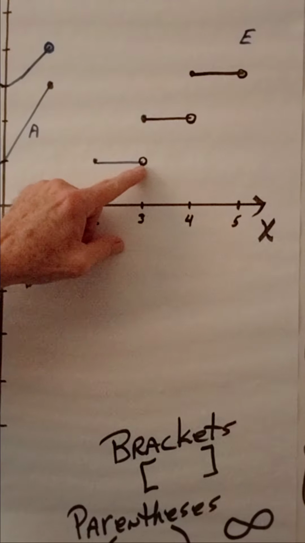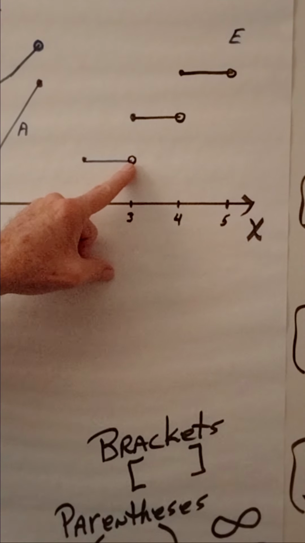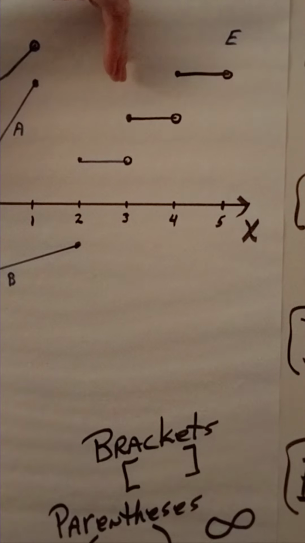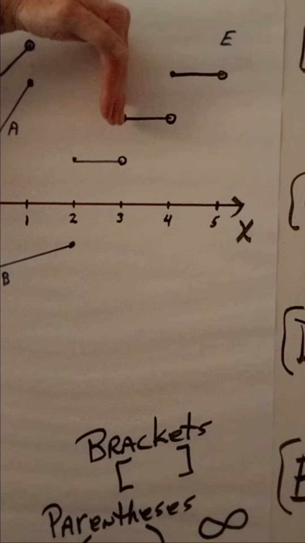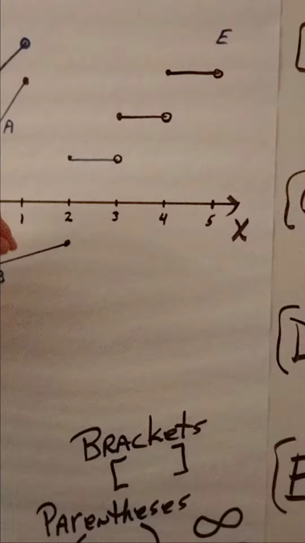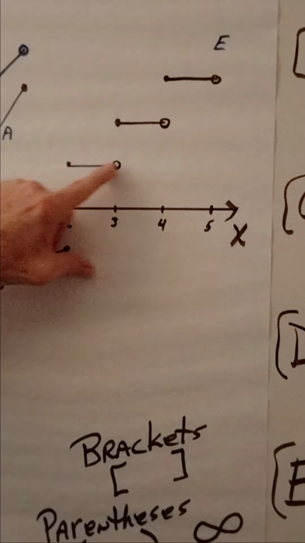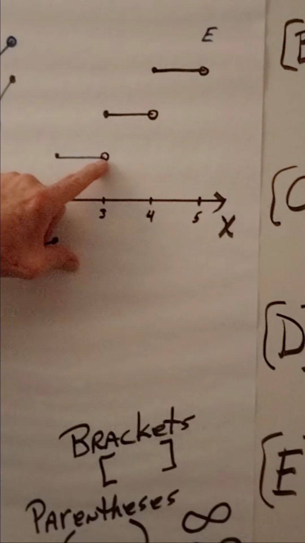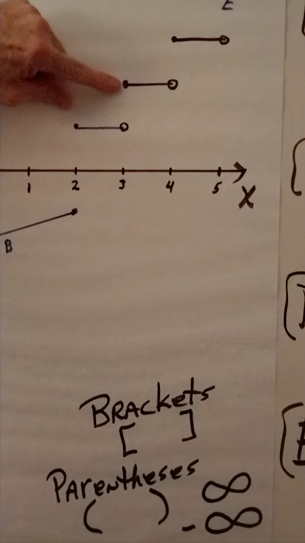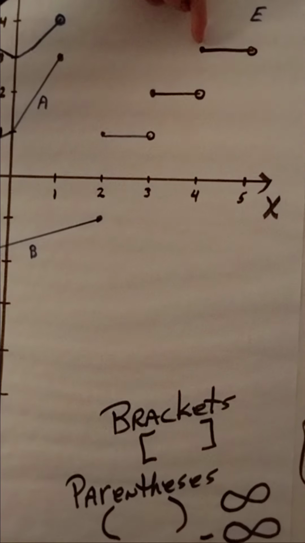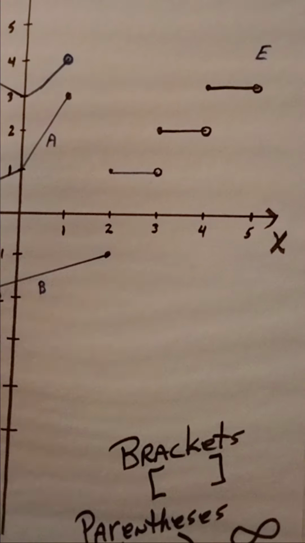Although it will run through him, he doesn't count because he's open. So if some of you are thinking that it would fail the vertical line test right here, it doesn't, because he's not a part of this portion of the graph. He doesn't count. So he's actually the only point right here that vertical line will touch. And likewise here. So they're all functions.